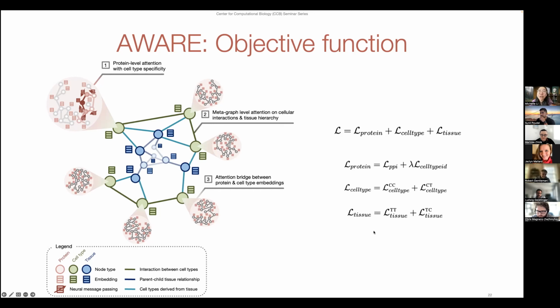Similar is true for the tissue level loss, where we consider the tissue-tissue relationships and the tissue-cell type relationships. For link prediction, we use standard binary cross entropy. And for this one cell type classification task, we use a central loss.